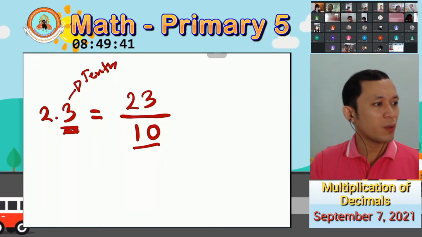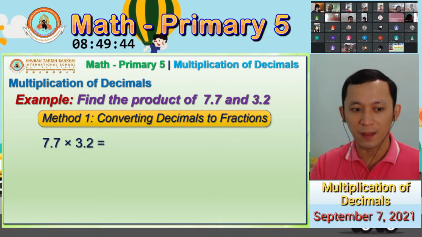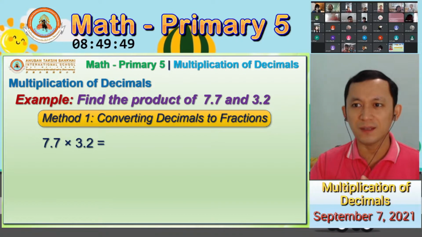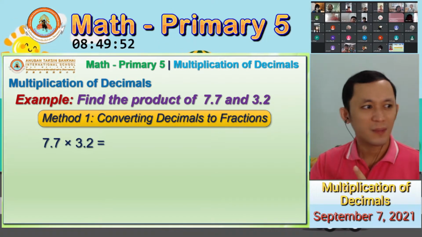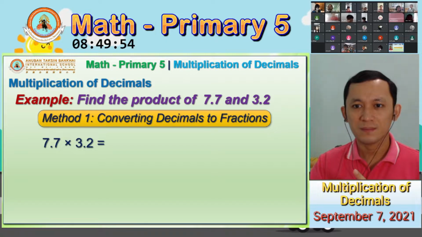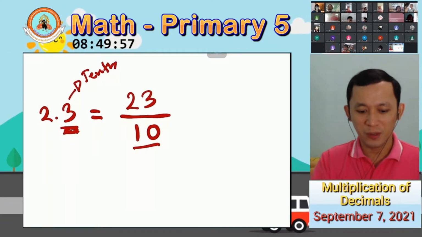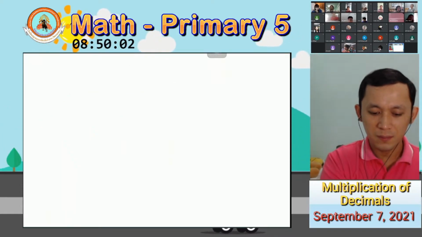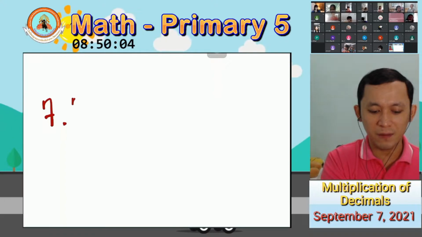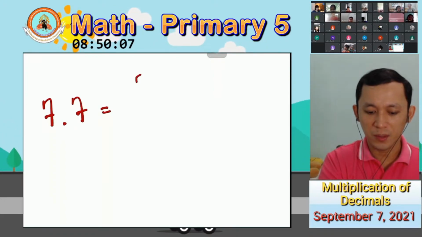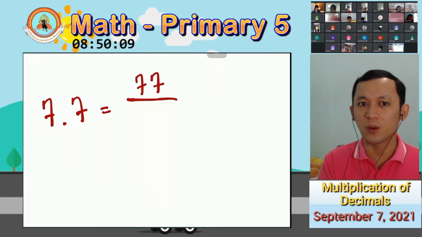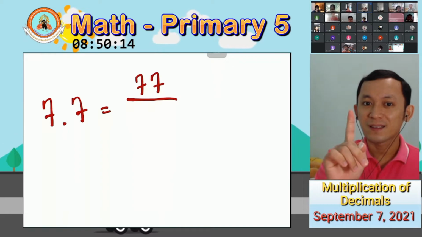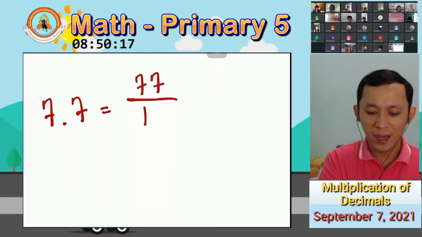So here, going back, we have 7.7. So what is 7.7 in fraction? We copy the number, 77 over 10. Very good. We have 10.